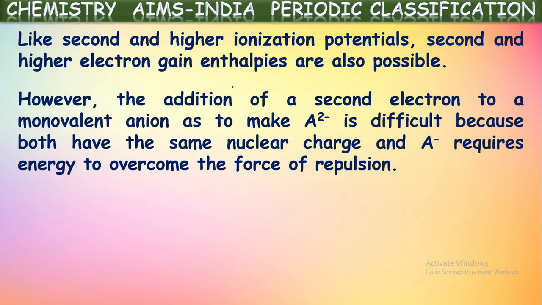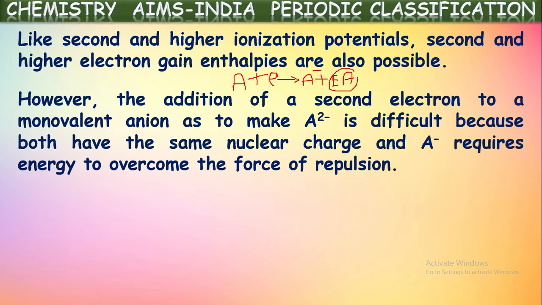For example, if you see an element A, if an electron is given to that atom, what happens? Then it will be converted into A minus and a certain amount of energy will be released, which we call electron affinity or electron gain enthalpy.